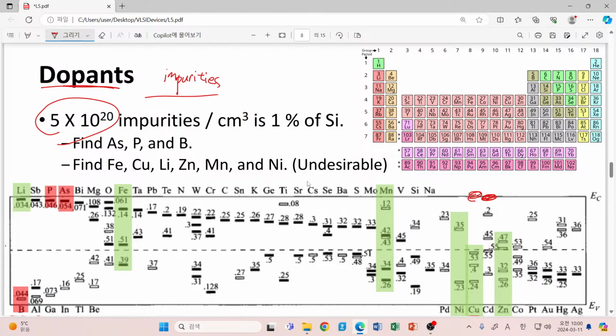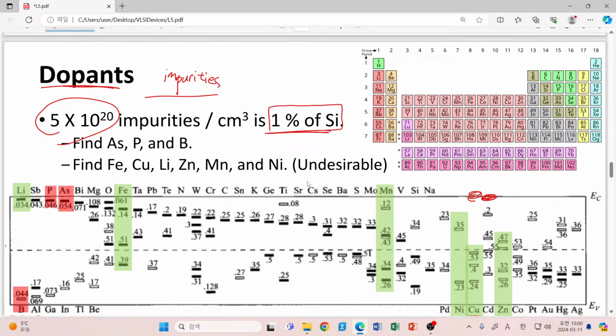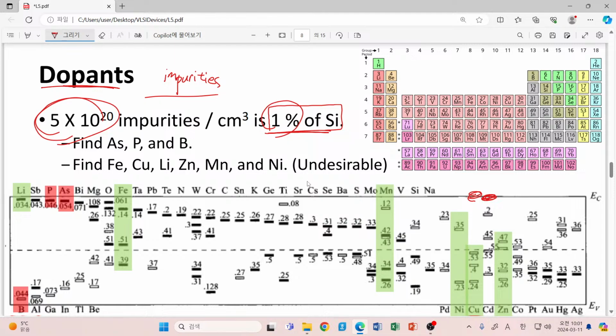But when we measure the density of silicon atoms, this is just 1% of silicon. So we can just write down, for example, silicon 0.99 and arsenic just 0.01.